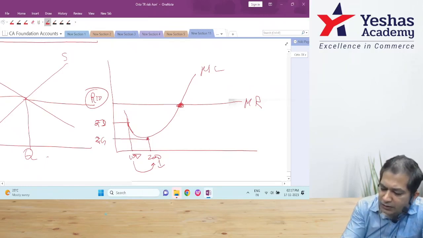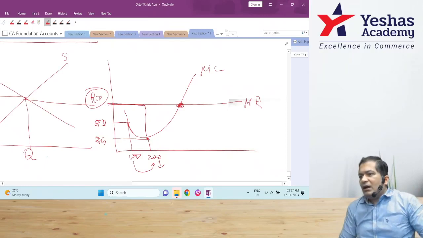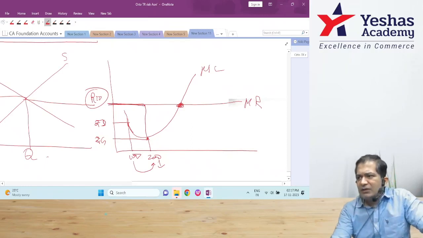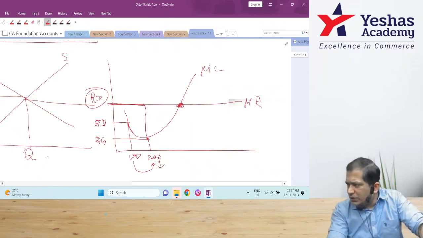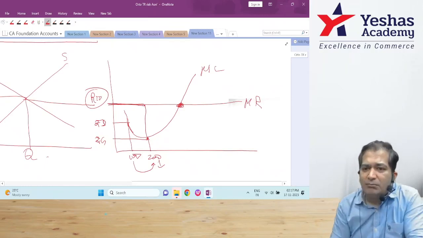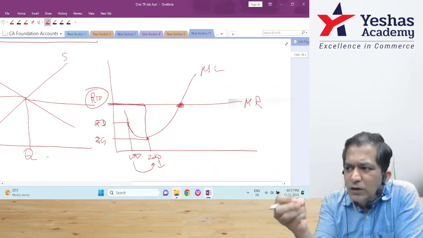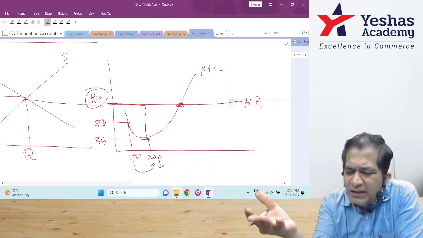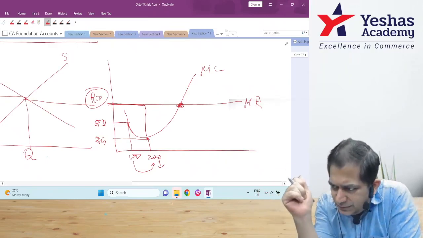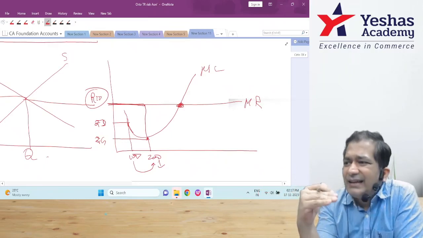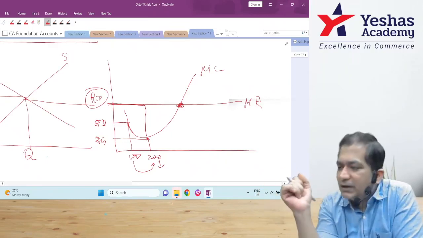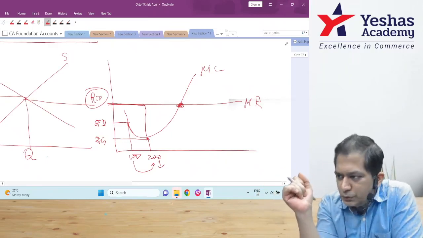So don't you think now you are generating relatively even higher marginal revenue over your marginal cost? So as long as my marginal revenue, that is the revenue earned when I increase my sales by 1 unit, is higher than the cost incurred to produce that particular unit, I will continue to produce.